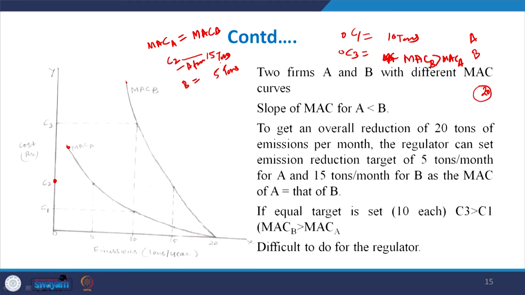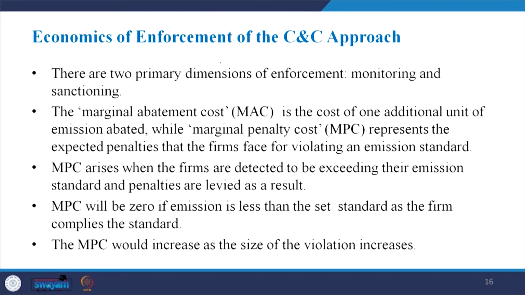So, if the regulator does not know the per unit or marginal cost of abatement for A firm, B firm, C firm up to N firm, then this principle cannot be applied. So, it is very difficult to apply the equi-marginal principle under the command and control system, and this is the major flaw or limitation of introducing command and control system to regulate the environment.